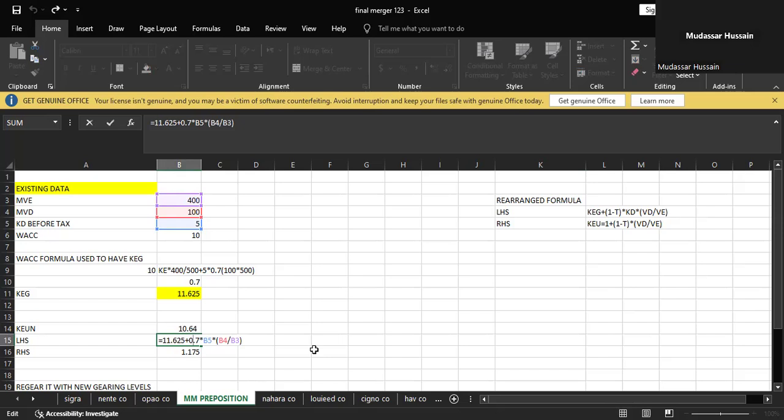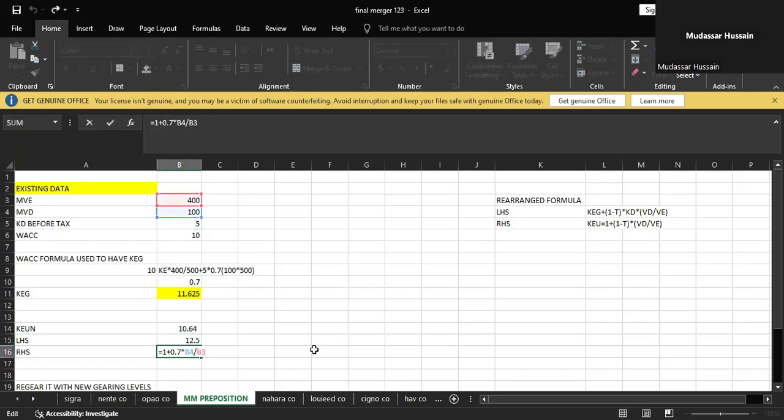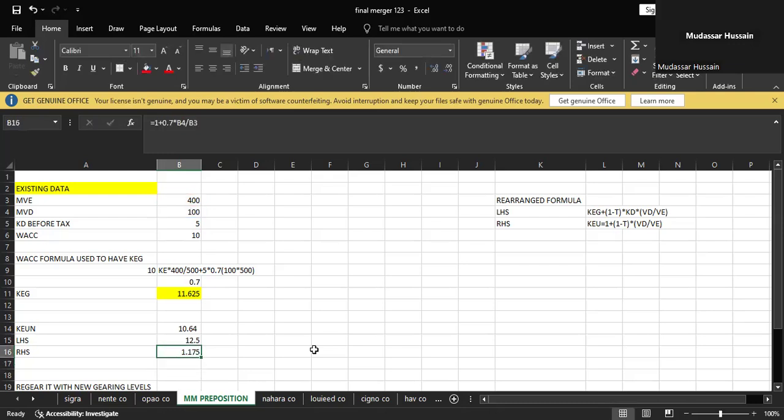The debt value was 100, equity was 400. So your left hand side is coming as 12.5. And in the right hand side, what was the formula? 1 that we have taken plus 1 minus t that is 0.7 multiply by value of debt and equity. So 100 divided by 400. Now this is coming as 1.175.